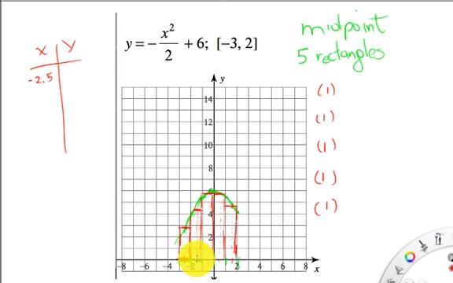It's exactly between -1 and -2, so it's a -1.5. This is a -0.5. This is at 0.5. And the next one is at 1.5. That's an ugly 5. So what I'm going to do next is calculate those function values.